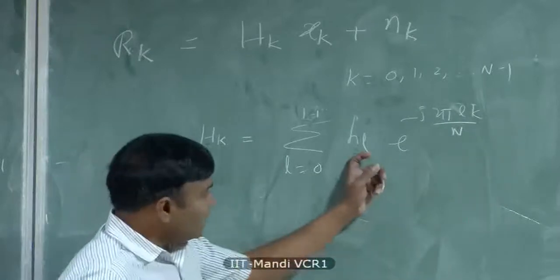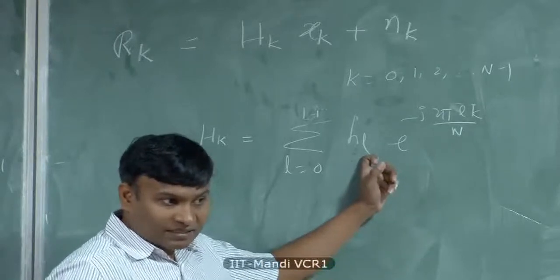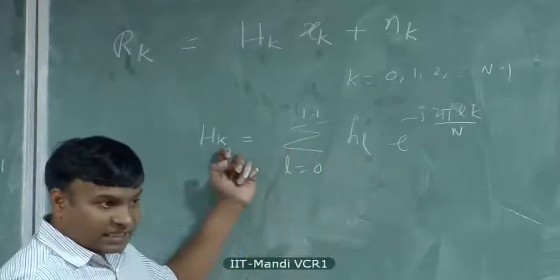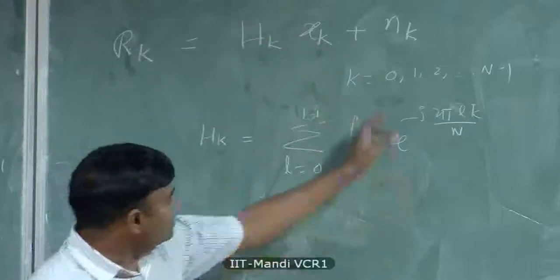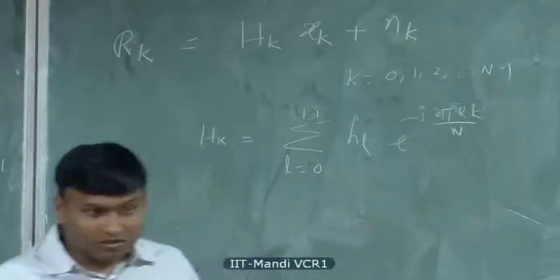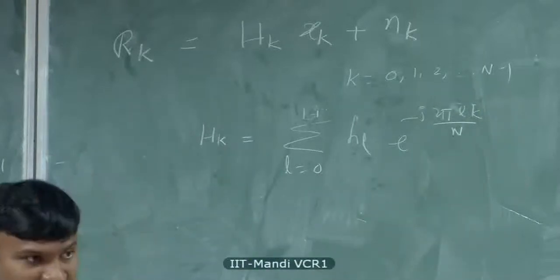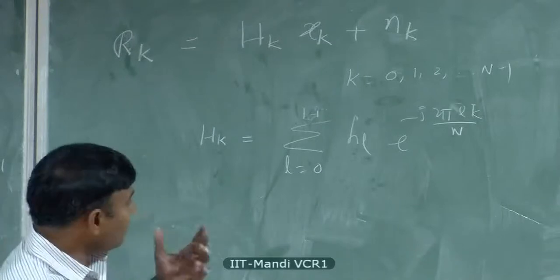But if h[l] is an FIR channel where, let's say, you have two taps, then if you take the DFT, you can see that H_k changes smoothly over the subcarrier indices 0 to N minus 1. So the channel is correlated in frequency domain. Channel is always correlated in frequency domain. Why do we talk about correlation?